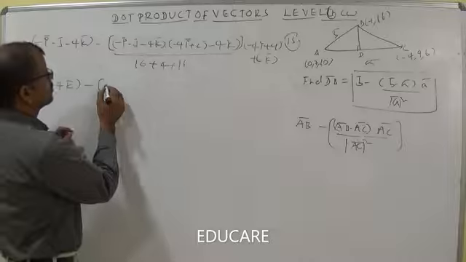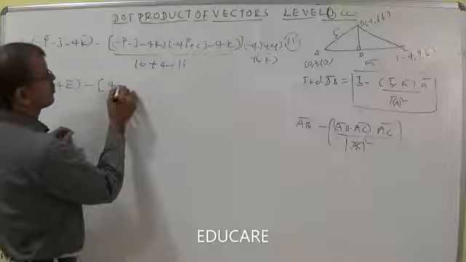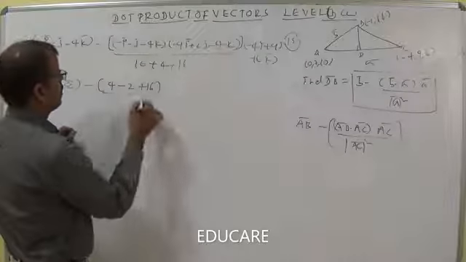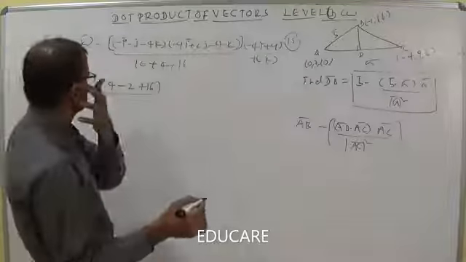Now it becomes minus of 4 minus 2 plus 16.